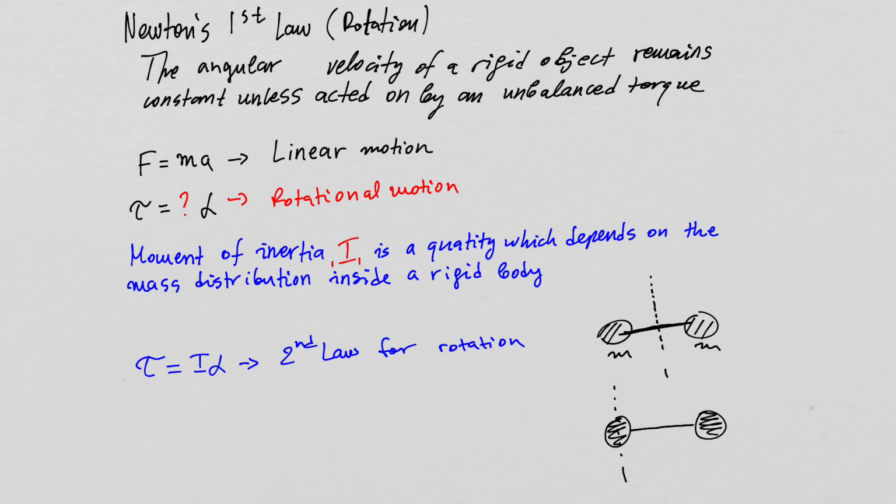If we are going to make parallels between the statement of the second law for linear motion and rotational motion, force for linear motion is the same as torque for rotational motion. Mass for linear motion is the same as moment of inertia for rotational motion. And acceleration for linear motion is the same as angular acceleration for rotational motion.